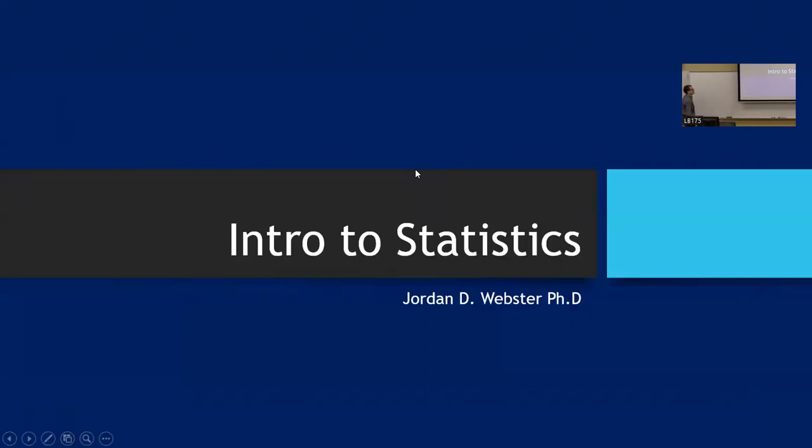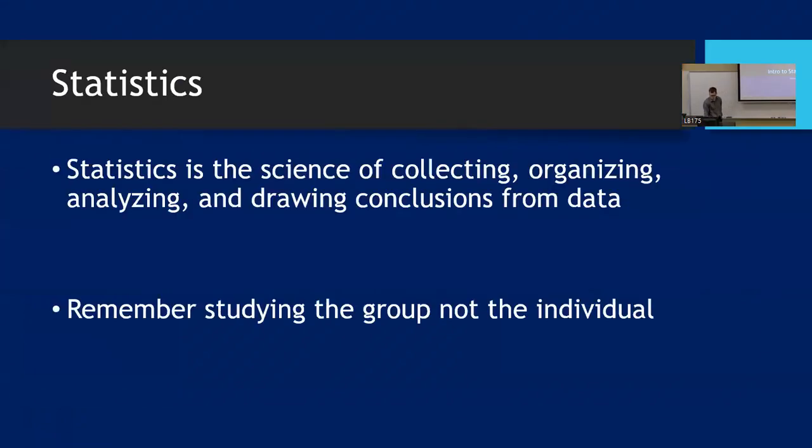All right, so let's get started. We're going to talk about statistics in this chapter. Statistics in general is the science of collecting, organizing, analyzing, and drawing conclusions from data.